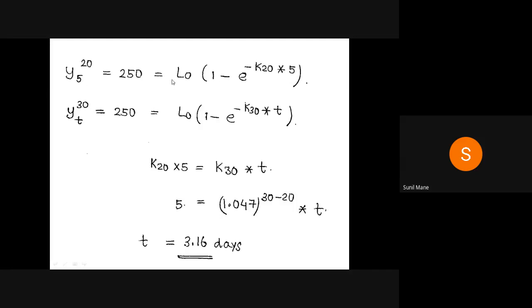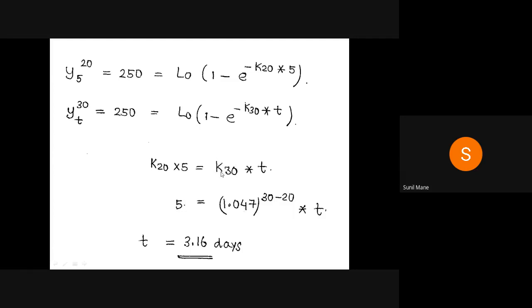In the calculations, we have to find out K20 and K30.